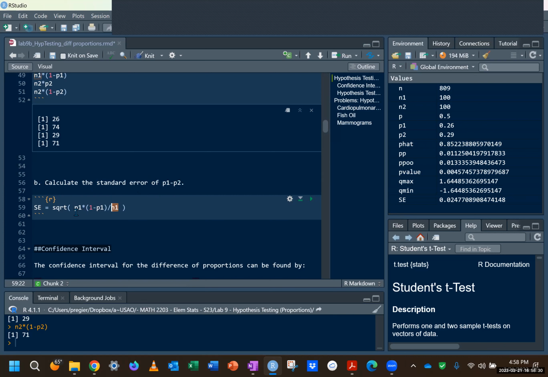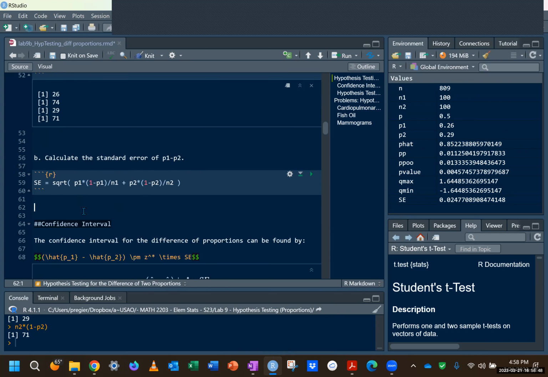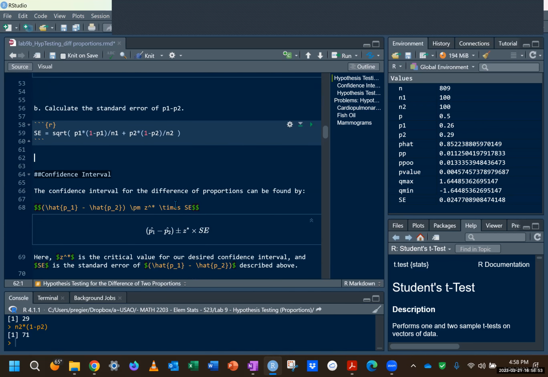That's the variance of the first group. I add it to the variance of the second group. And then I take the square root to get the standard deviation, the standard error, of my sampling distribution. So what does that give us? That gives us all the information we need to find our confidence interval.